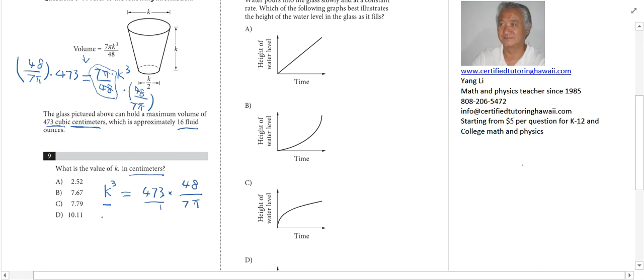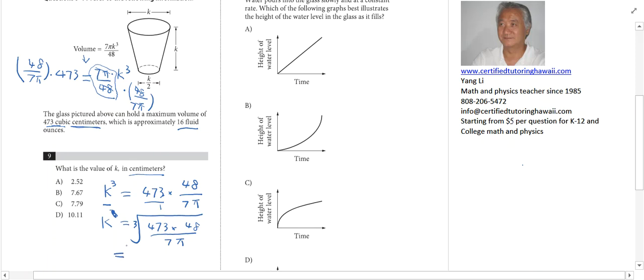So K to the third power equals this, and we can directly take the cube root to get just K. So K is the cube root of 473 times 48 divided by 7 pi.